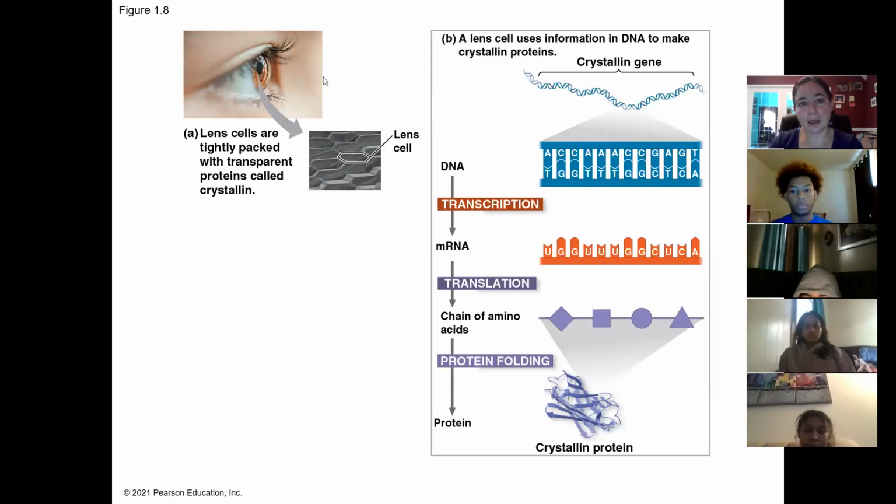But take the crystalline lens in your eye. This lens helps you focus on objects that are close to you, to read. It's a very interesting material, absolutely clear, so light can go through it, like the lens in your glasses. Why so? Because it expresses and produces a special protein called crystalline.